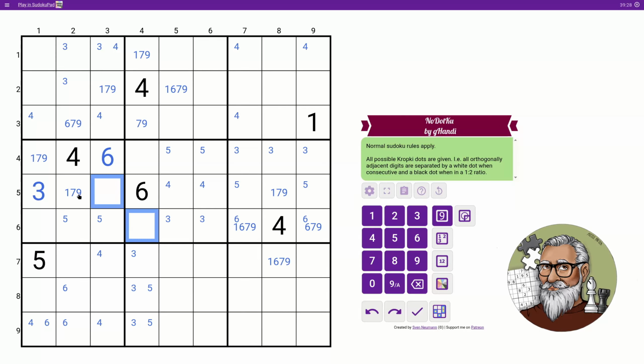Sure. Why would that be an issue? If that's an 8, I don't know why that would be an issue. Again, we need to eliminate ones. Because if that's 1 and that's 7, 9.